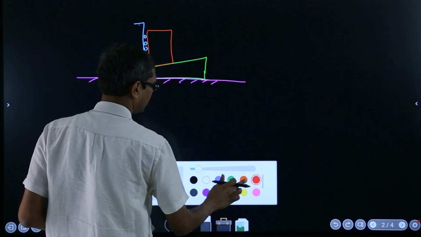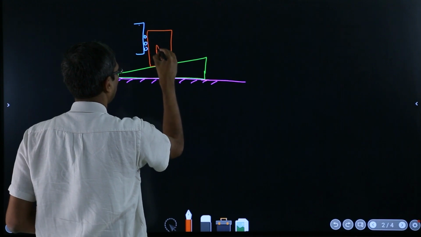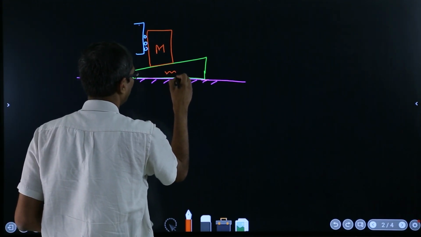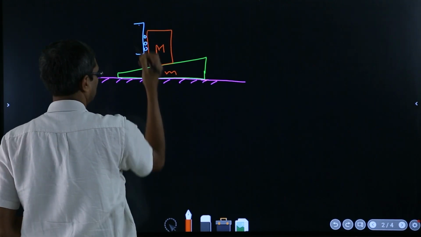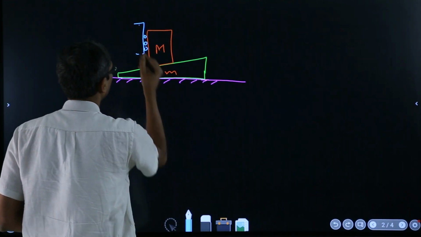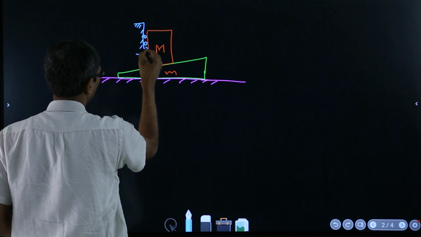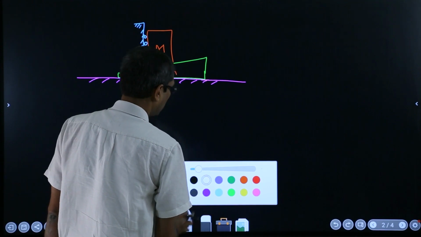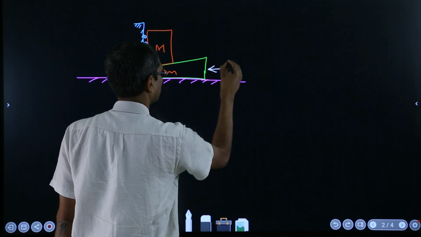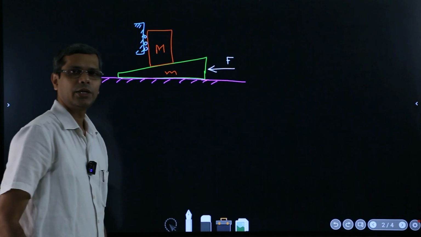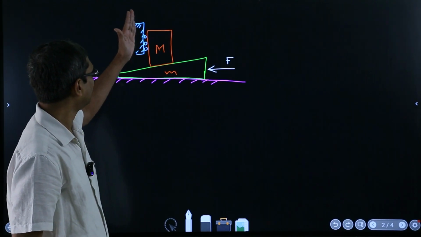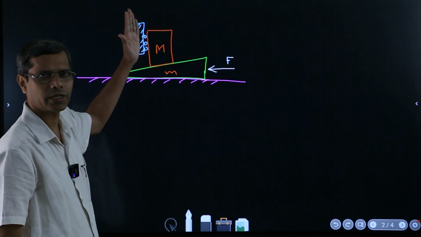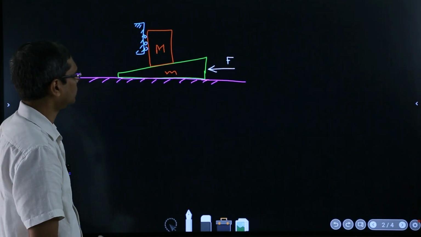Let me say this is a block of mass m and this is some small mass m maybe, and now what we can do, or what people used to do, is apply a force from here. You apply a force and then keep a stopper sort of thing which has almost no friction at this end, then see what happens.